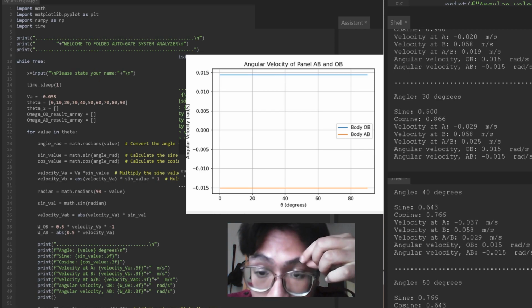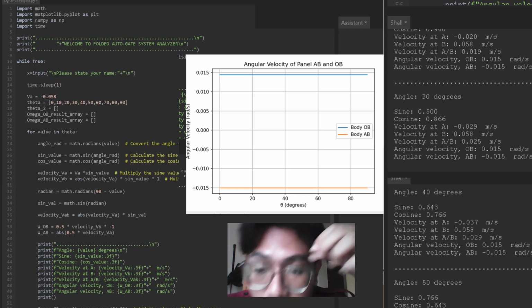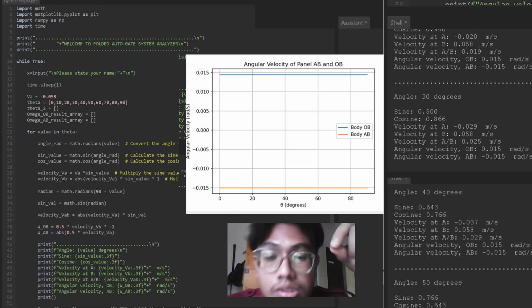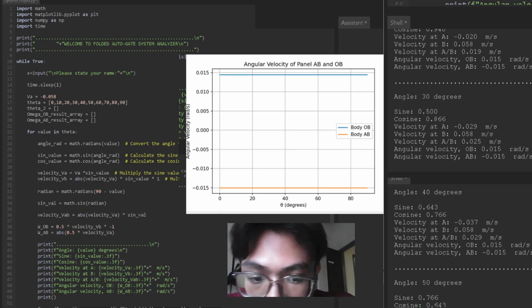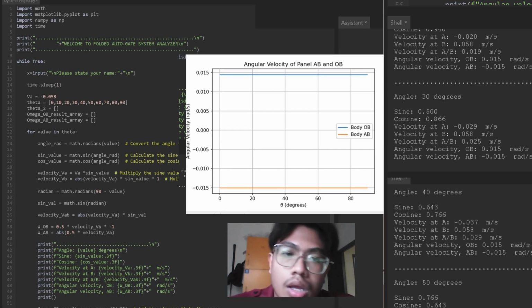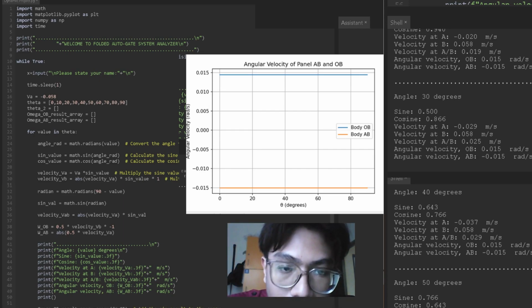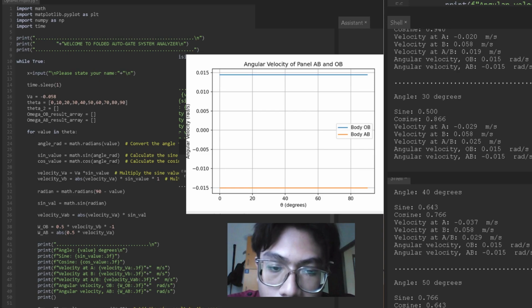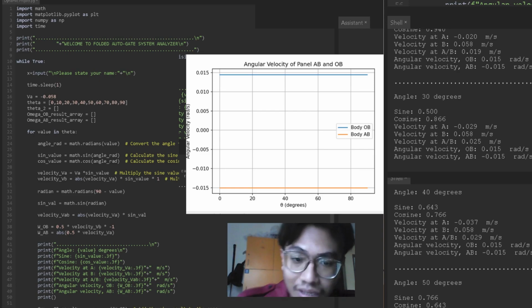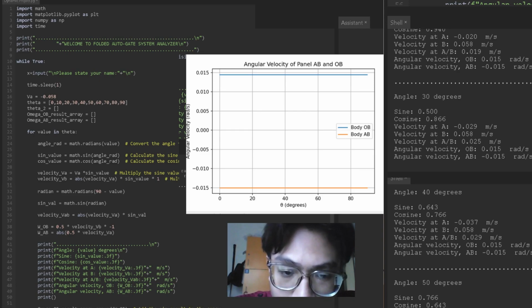For the omega, I use omega OB and omega AB. I use V equals omega R. Then after that, if you run this code, you can obtain many angles, which are 0, 10, 20, until 190. And you will also get a graph, which can be seen in the middle of the screen.